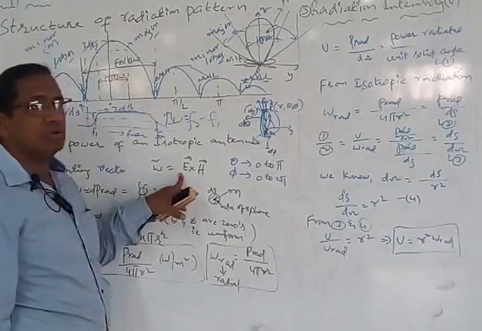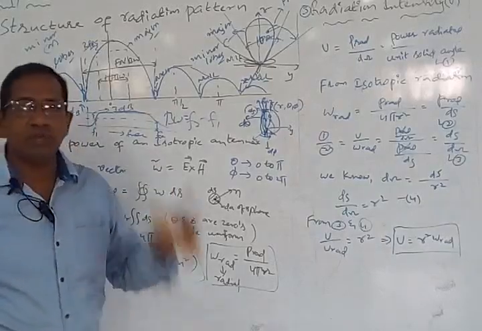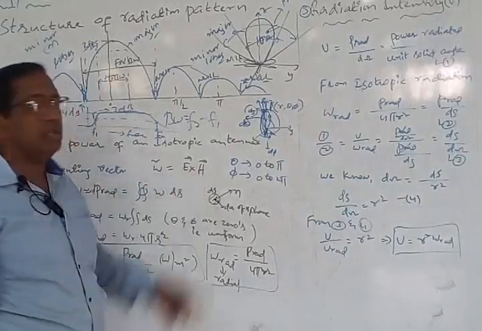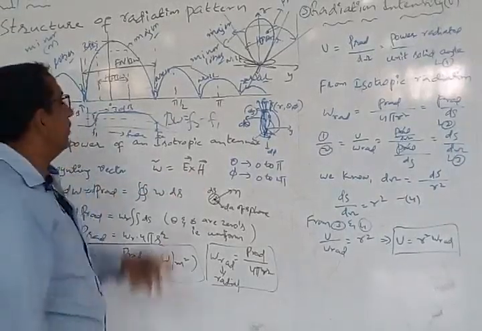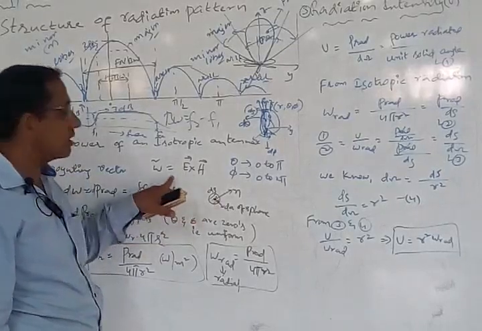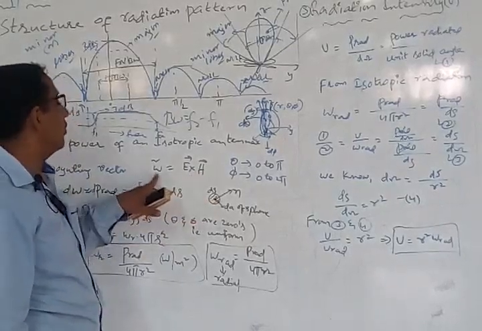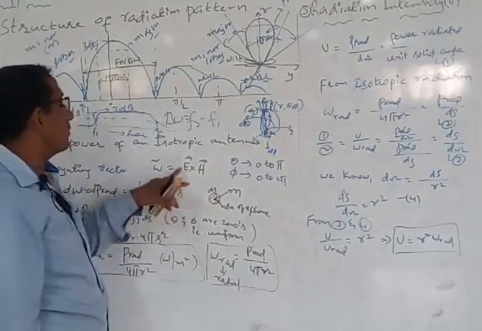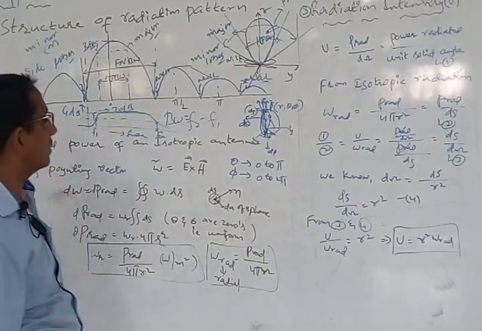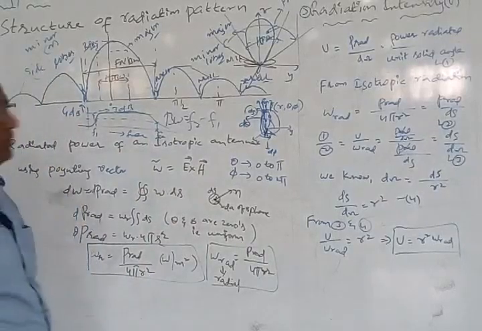Here, in the case of EM waves, the power is equal to the electric field into the magnetic field. The cross product of the electric and magnetic field gives us the EM wave, and the power associated with that wave is the actual power associated with those electric and magnetic field vectors.